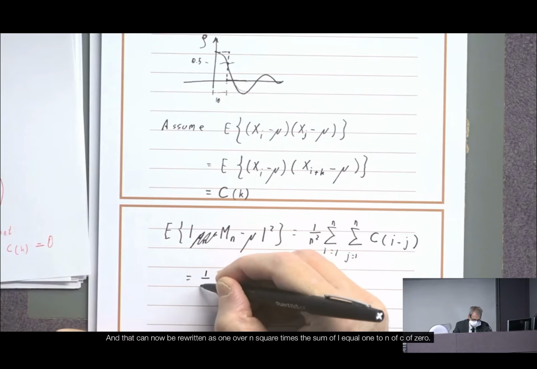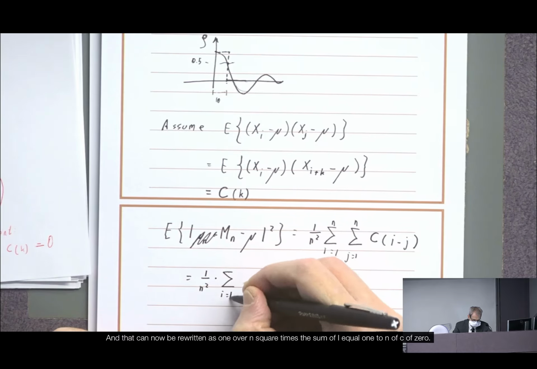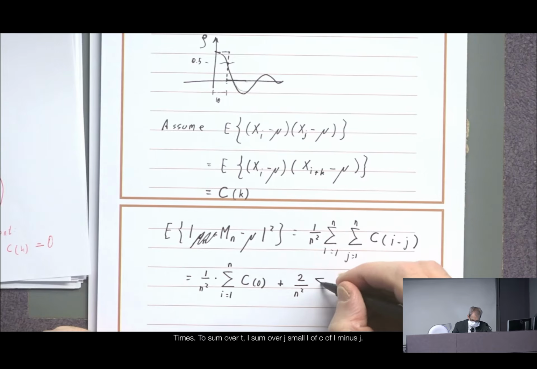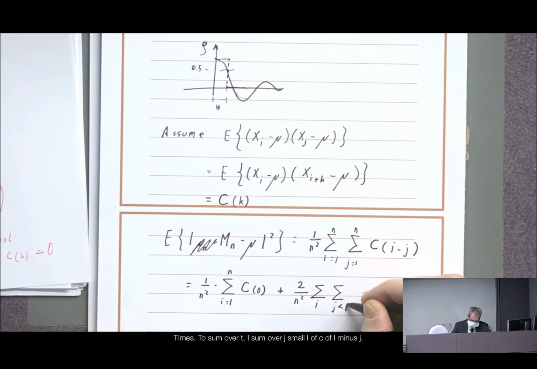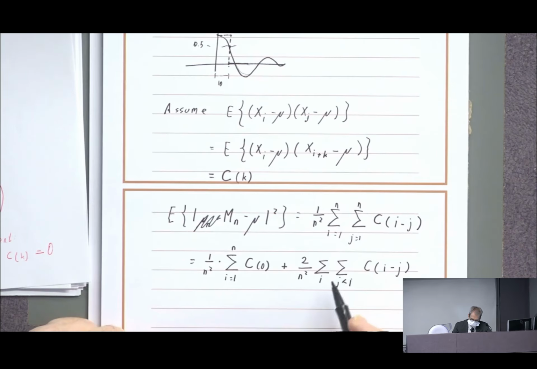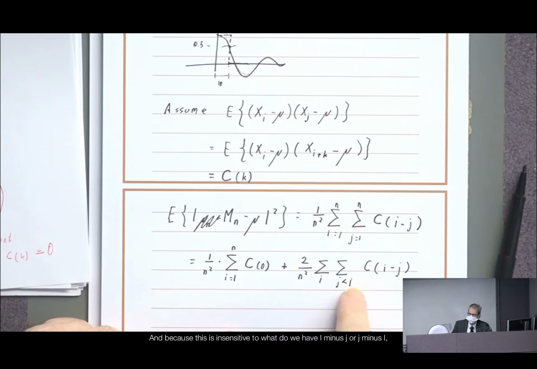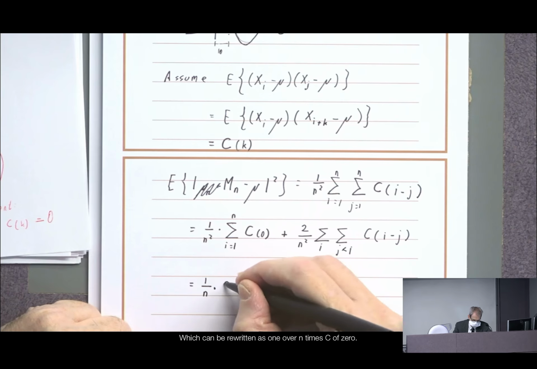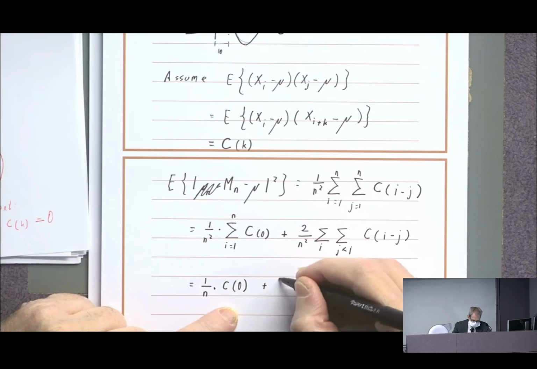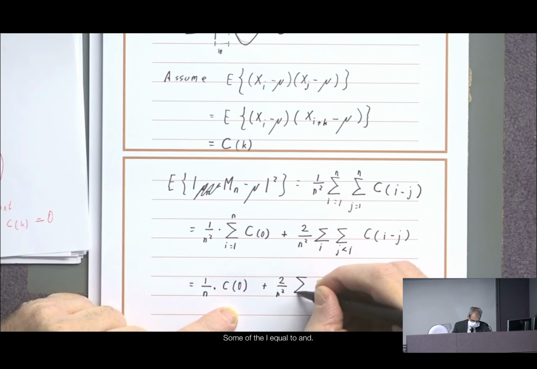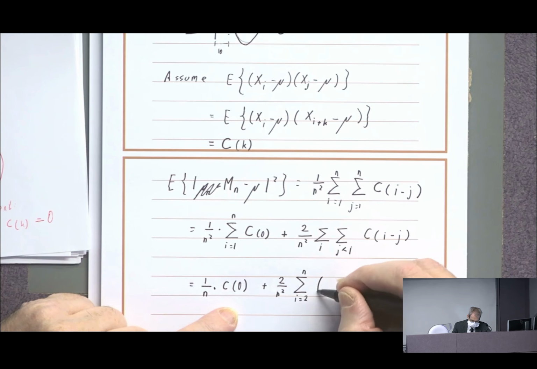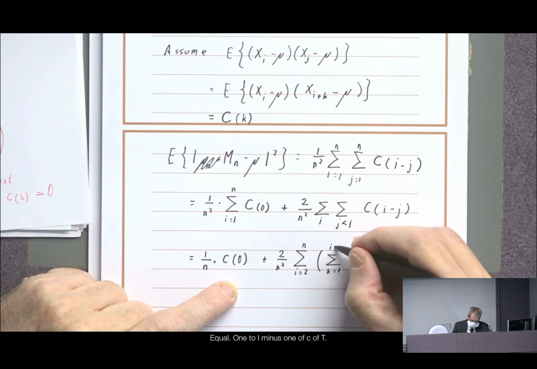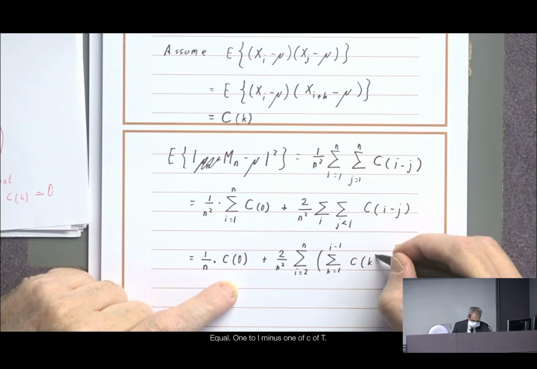And that can now be rewritten as 1 over n squared times the sum of i equal 1 to n of c of 0, plus 2 over n squared times the sum over i, sum over j smaller than i, of c of i minus j. And because this is insensitive to whether we have i minus j or j minus i, we're just writing it in this particular form with a factor of 2 in front of it, which can be rewritten as 1 over n times c of 0 plus 2 over n squared, sum of i equal 2 to n, the sum over k equal 1 to i minus 1 of c of k.